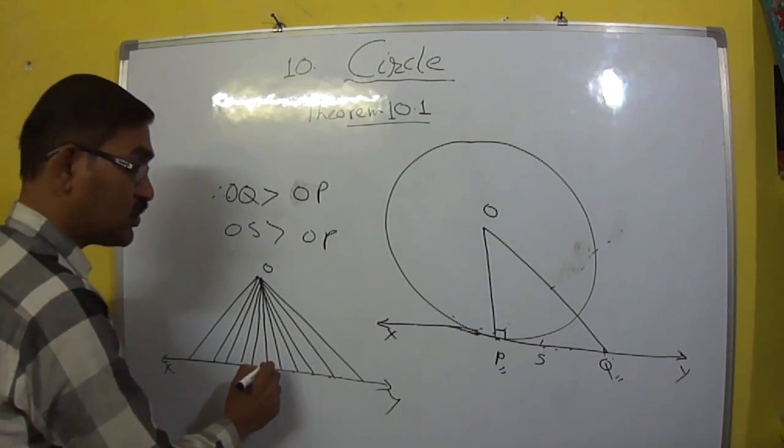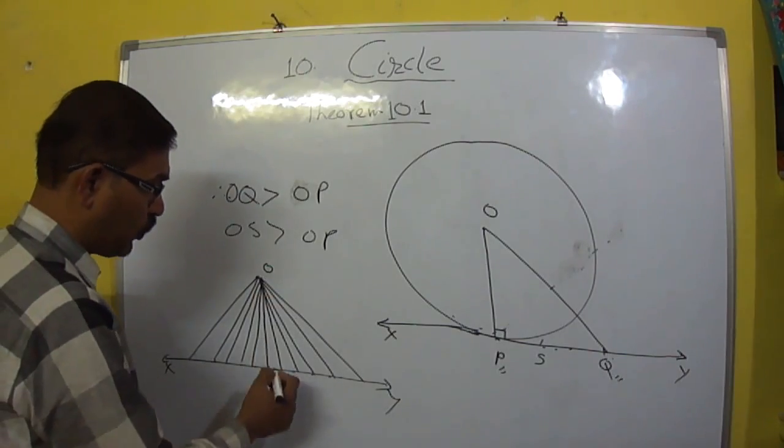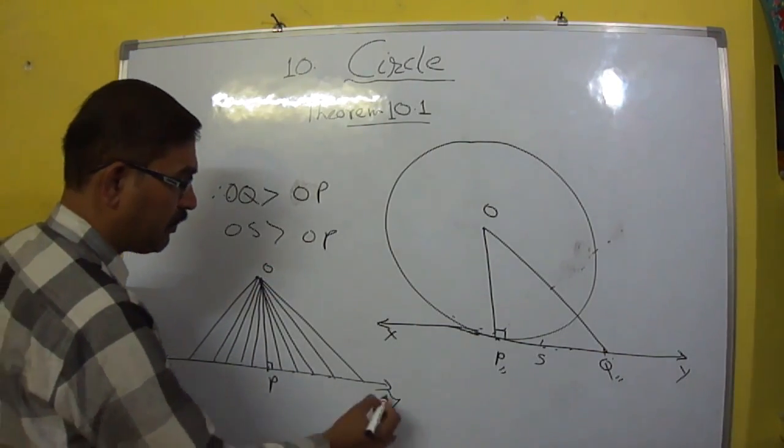OP ही ऐसा एक डिस्टेंस है, वो सबसे स्मॉलेस्ट डिस्टेंस है. उससे ये प्रूफ होता है कि OP ये लाइन के ऊपर परपेंडिकुलर है.